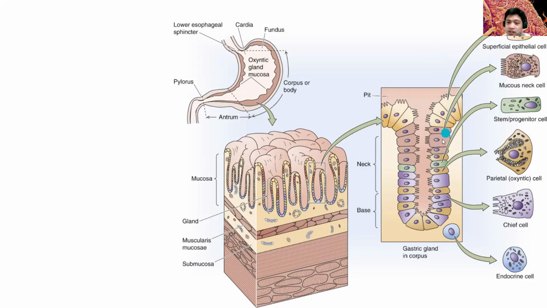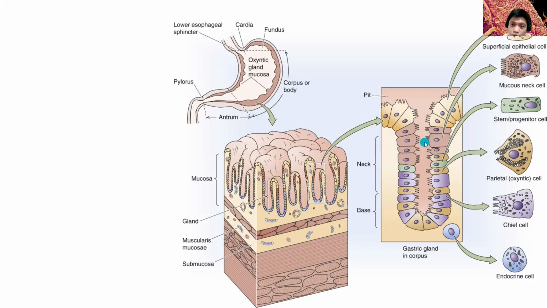Tinawag siyang mucous neck cell because it secretes mucus that will progressively line, no, the stomach mucosa. So if this is the stomach mucosa, you will see mucus, no, or sipon lining this layer. Okay, and that sipon or mucus comes from the mucous neck cell.